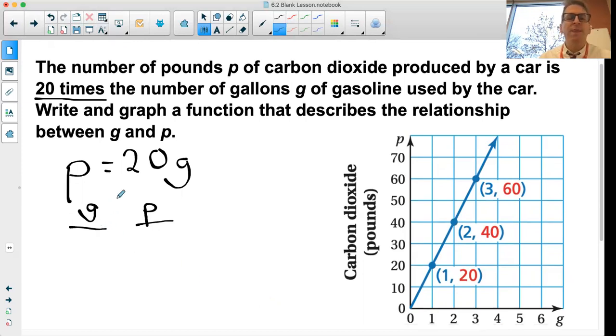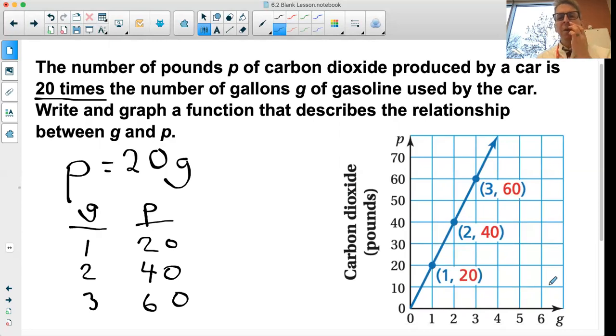Inputs are G. Pounds are dependent upon the number of gallons. Okay, so if you look at 1 gallon, 20 pounds. 2 gallons, 40 pounds. 3 gallons, 60 pounds of carbon dioxide. And the graph is located right here of that function.